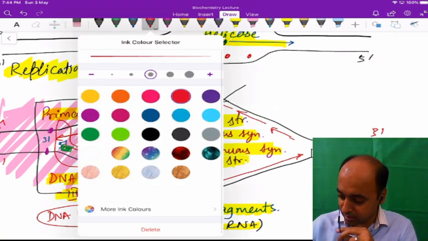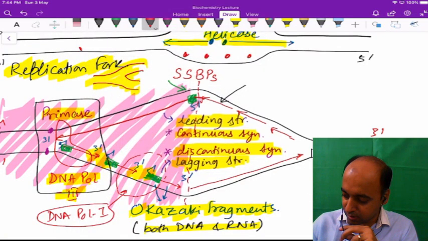I've increased this thickness so that we can appreciate it better.